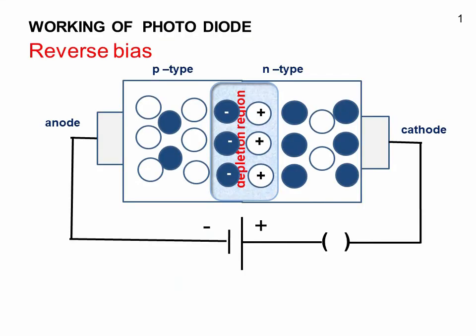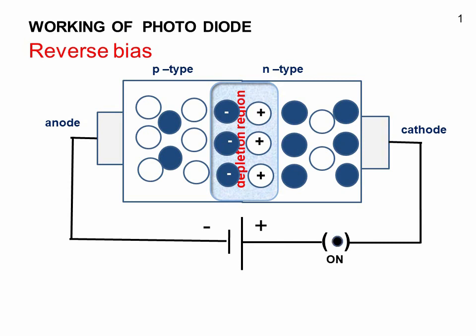Next, we are going to see how it works in reverse bias. The PN junction diode is connected in reverse bias. The depletion region is already formed during the formation of the PN junction diode. Now, the circuit is switched on.